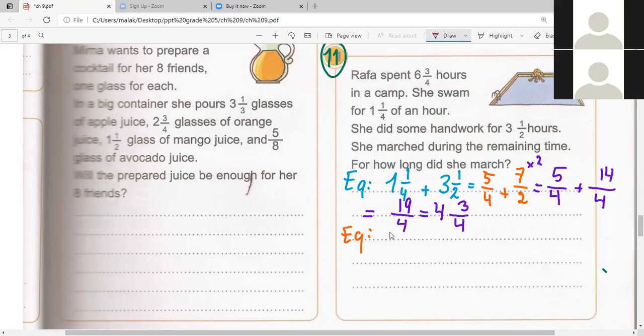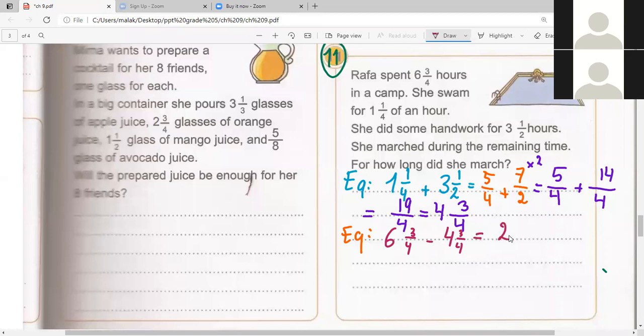We subtract 4 and 3 over 4 hours from 6 and 3 over 4. Exactly. Okay, you should turn them into fractions. Teacher, I will tell you an easy way. No need to turn it to a fraction. Here, do we have the same 3 over 4, 3 over 4? Yes. Just subtract 6 minus 4, how much? 2.